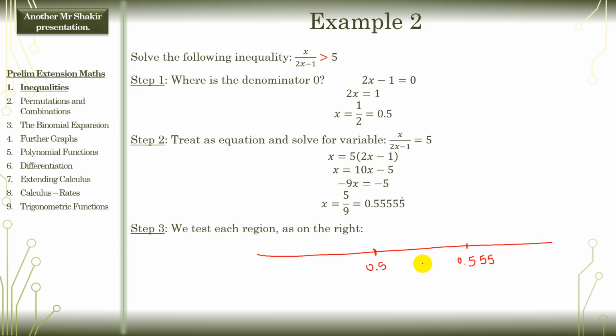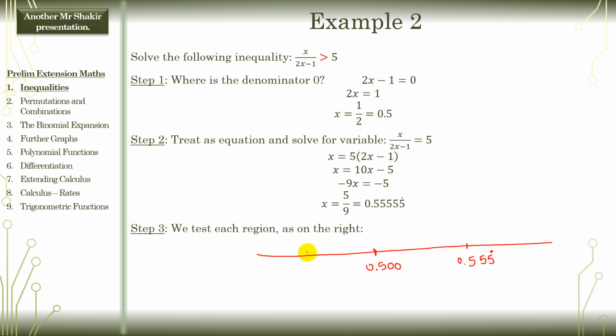Over here, really think about what is the number between 0.5 and 0.5555. Note, you can write this as 0.500. So a number over here would be 0.51 or 0.52, 0.53, 0.54. Even 0.55 will be less than 0.555. And obviously this is a repeater, so this is just going to keep on going. And then you test that region.